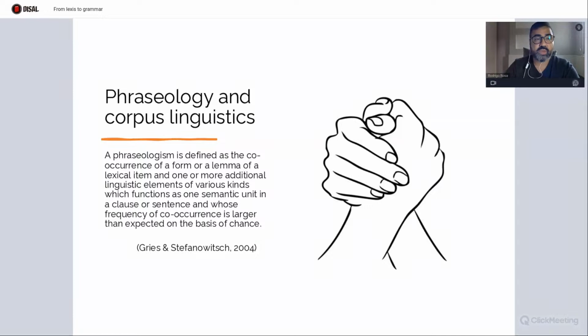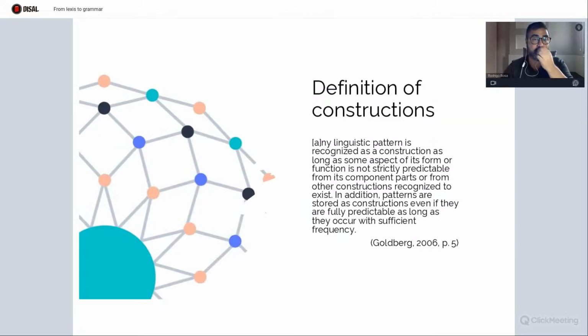So once we have considered and defined what a phraseologism is, let us now talk about constructions, which is actually what we're going to talk about today, right? The title of this presentation, that is From Lexis to Grammar, could actually be rephrased in a different way.